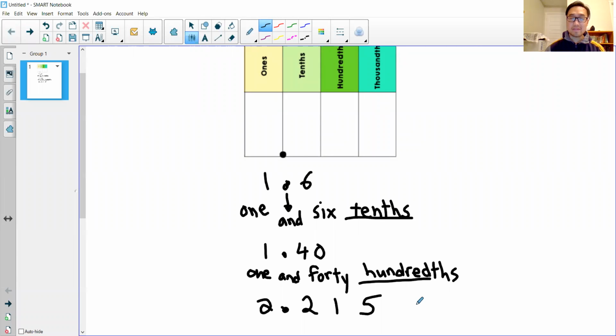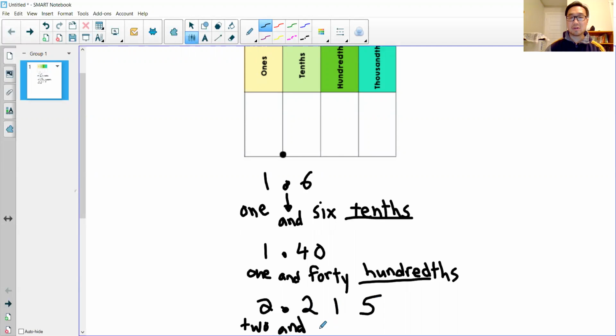Lastly, what if I have a number like 2.215? Well, I'm going to think, all right, this 2 here is just called 2. And my decimal, I would say and. So I have 2 and. When I look at 2, 1, and 5 together, I would say this as 215.